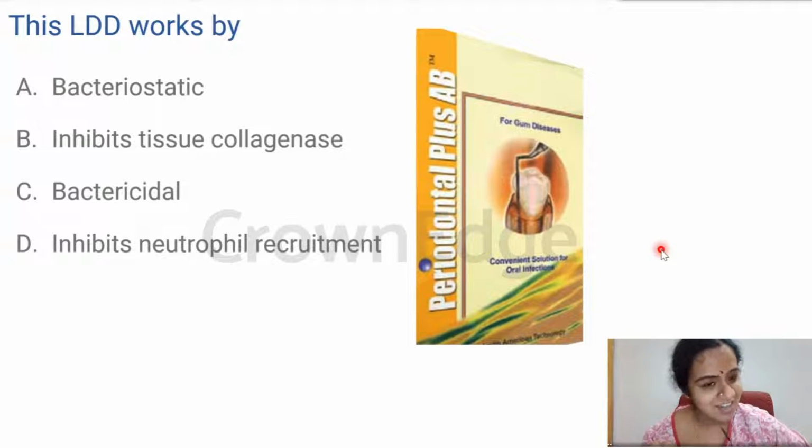Yeah, Bakisha is right. Tetracycline fibers, yes. So how does it act?